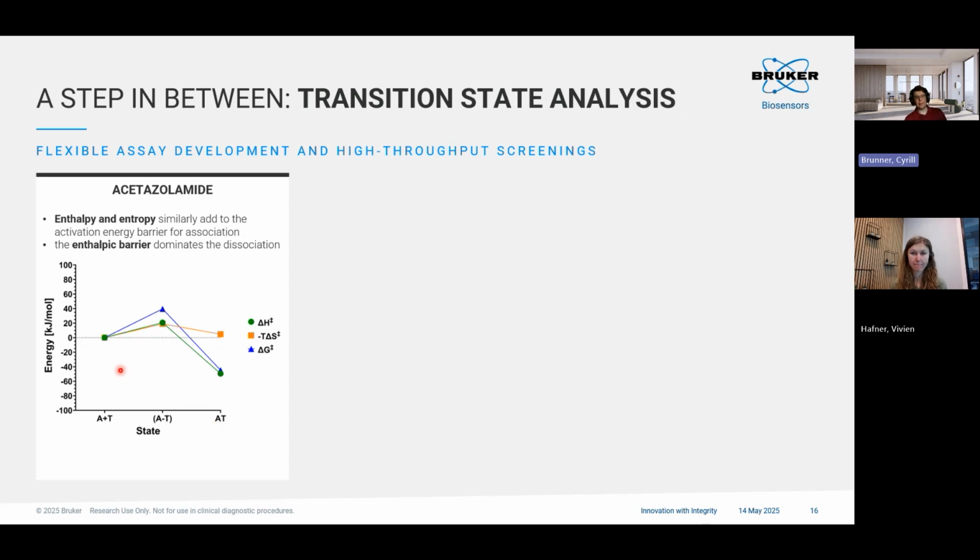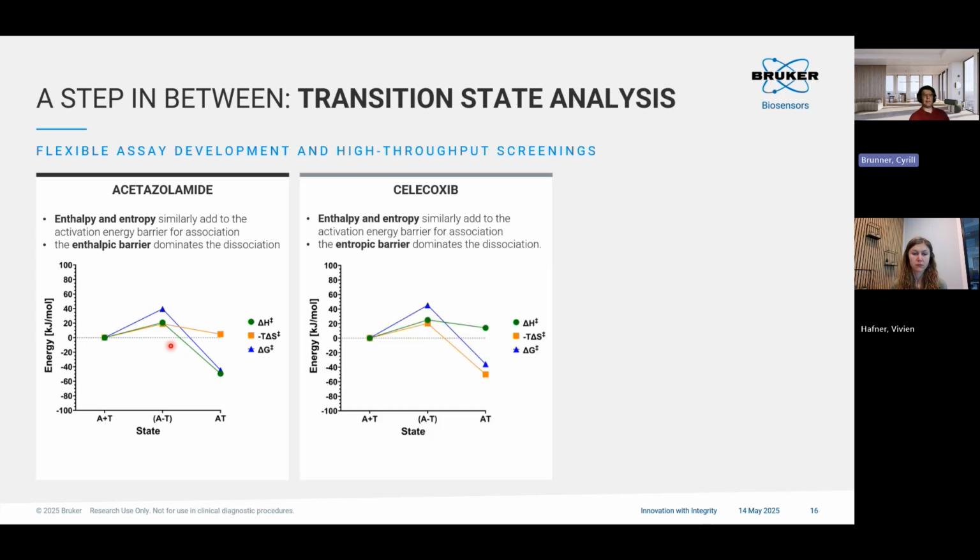You see here now in this graphic that the transition state energies in enthalpy and entropy are more or less similar. So going from the free compound to the transition state is controlled basically by both energies. However, if you go the other way around, so if you go from the complex to the transition state, then the enthalpic barrier is mostly relevant for that stage actually.